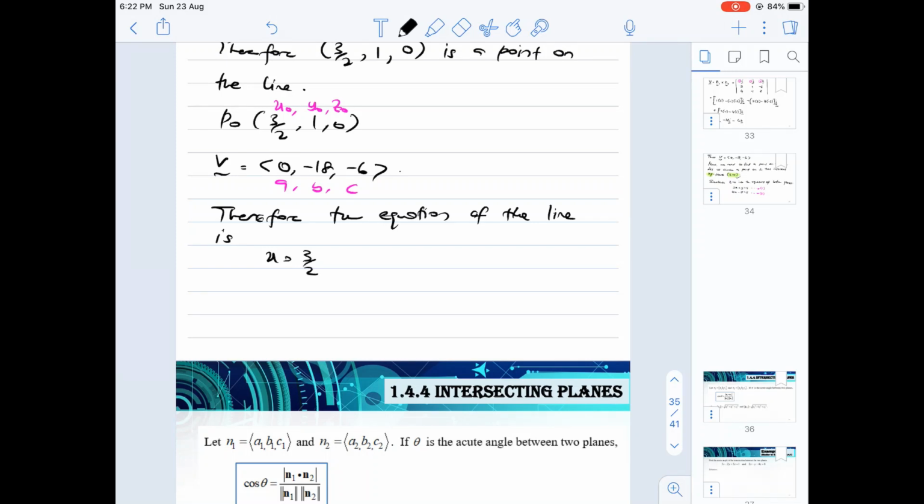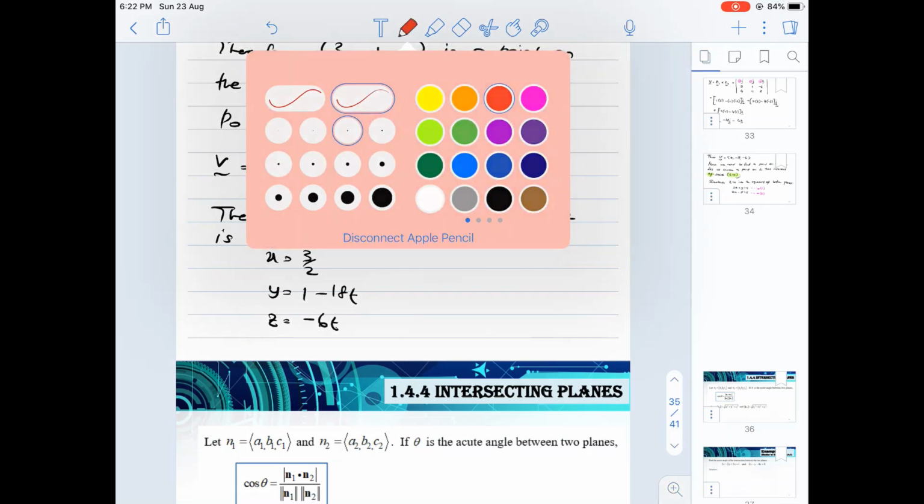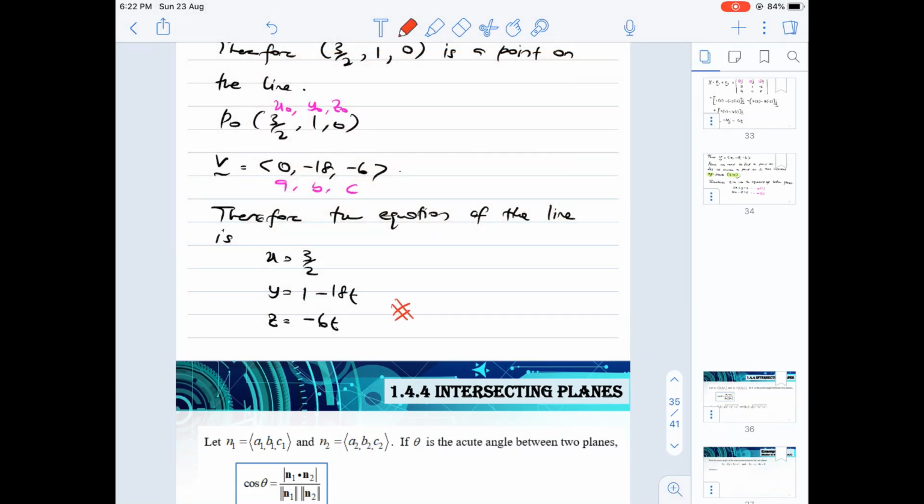But a is 0, so we just have x equals 3 over 2. And then y equals y naught plus bt, so 1 minus 18t. And then z equals 0 plus c t, so negative 6t. That's it. These are the answers.